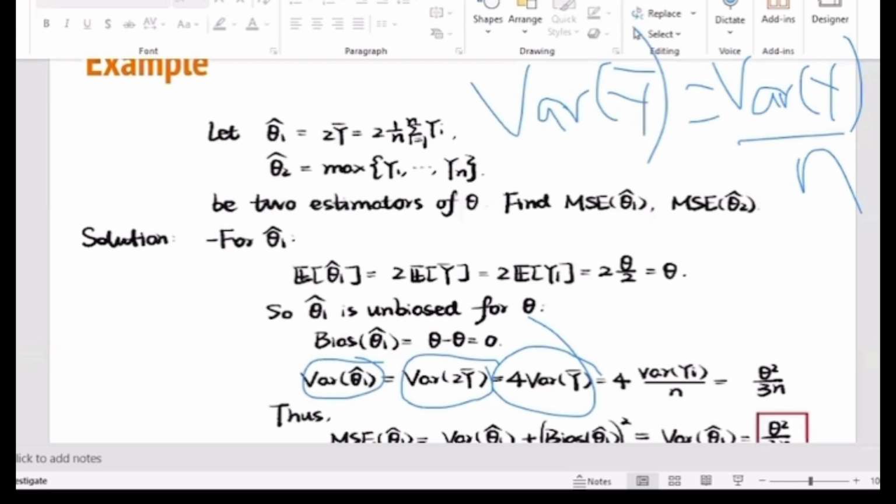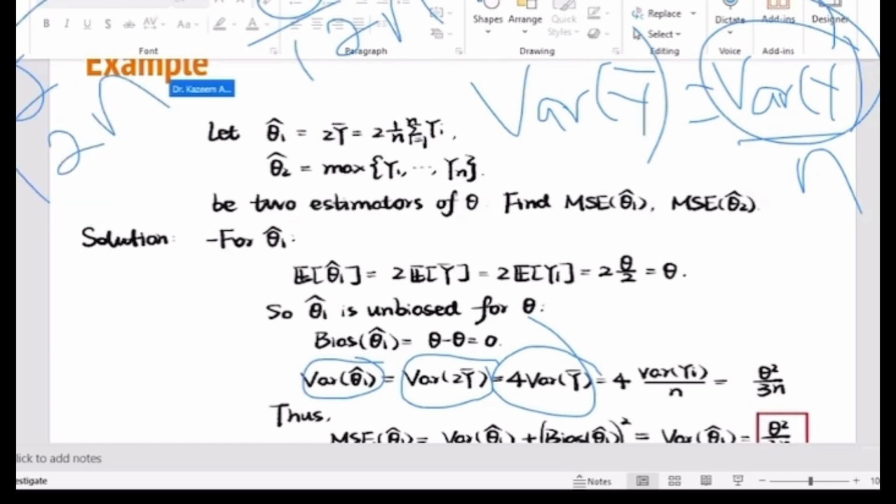Now, you've been given the variance of y in the question. The variance of y was theta squared over 12. You remember? This guy was theta squared over 12. If I apply that here, you're going to have theta squared over 12n.